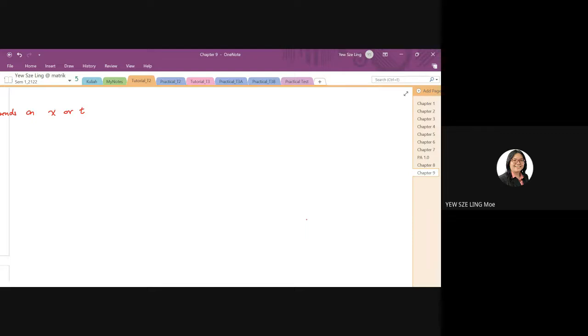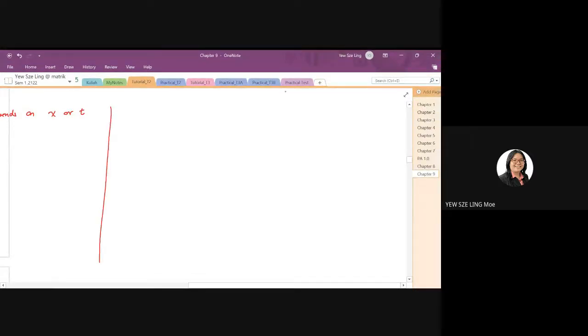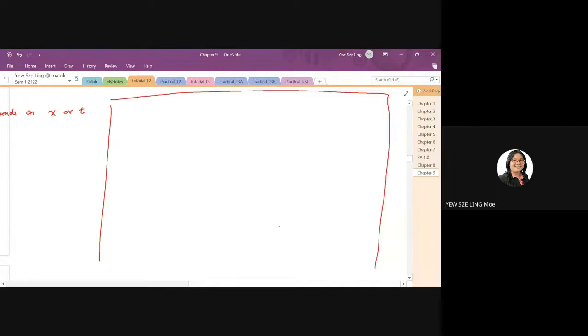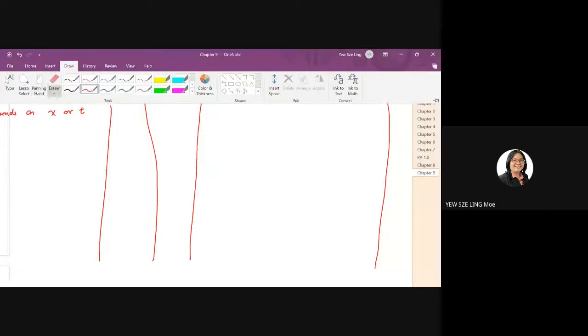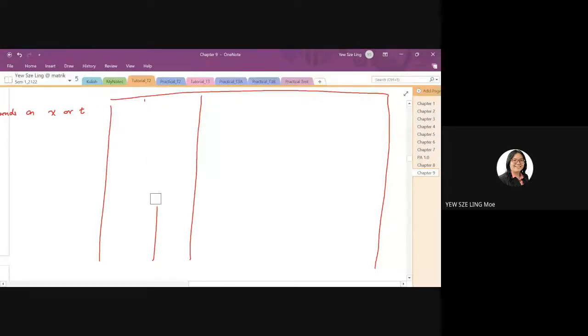So this is a very good summary table. Okay, so we need 4 columns. Here, this is small one, and 2 more here.